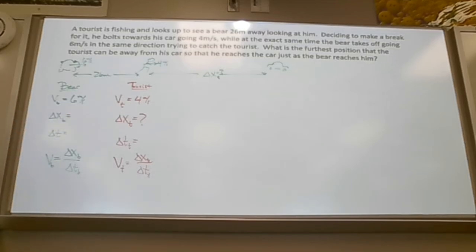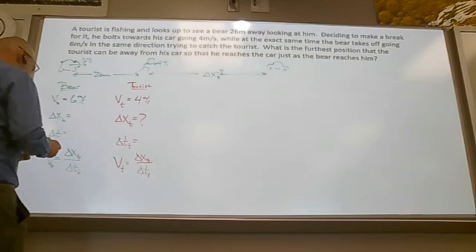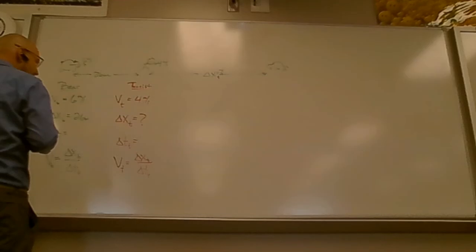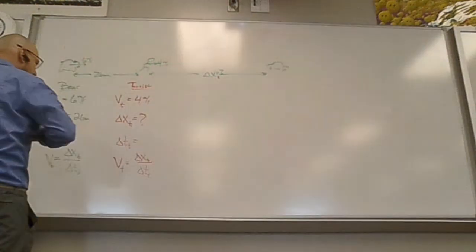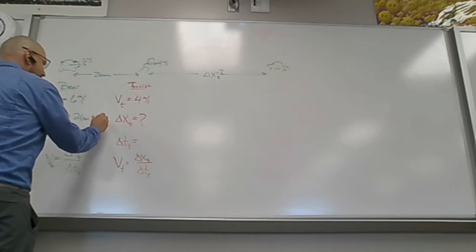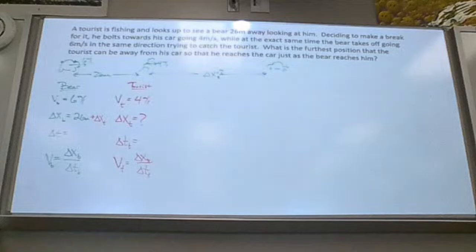How can I communicate the bear's displacement? 26 plus the tourist displacement. So the bear has to run 26 meters in addition to what the tourist has to run. Does that make sense? All right, that's a good connection.